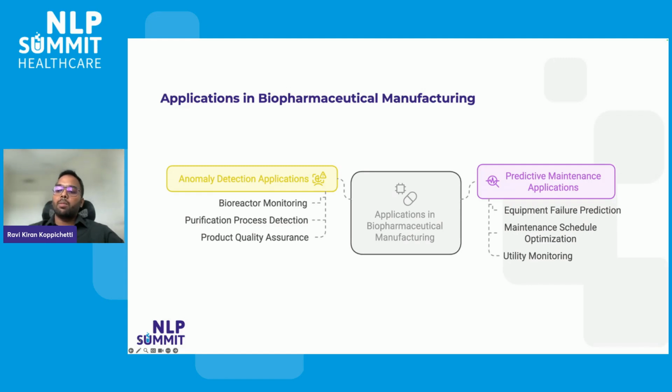The ML models analyzed the historical data to predict column failures with 90% accuracy, which is huge, allowing maintenance to be scheduled during planned downtime. As a result, downtime was reduced by 40%, maintenance costs decreased by 25%, and product yield and quality improved significantly.